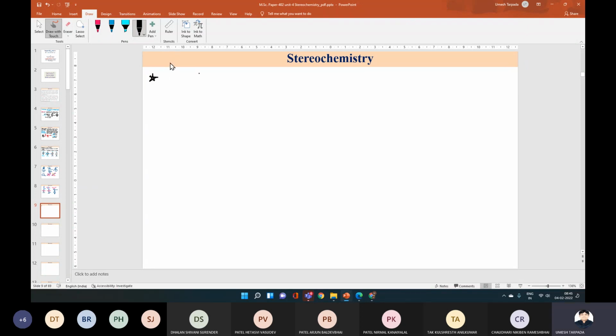So first we go for the types of projection where you can represent different compounds. The first one is the Fischer structure, Fischer projection.